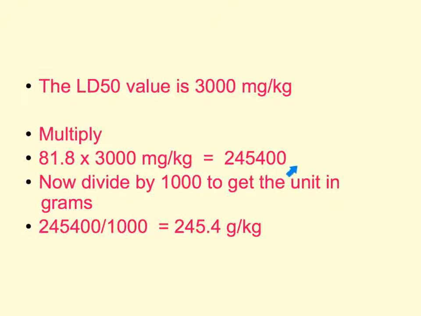So we will take this number and we will divide it by 1,000. We will do this because 1 gram equals 1,000 milligrams. So here we have our number divided by 1,000. And so we get an LD50 for sodium chloride for a 180-pound person as being 245.4 grams per kilogram.